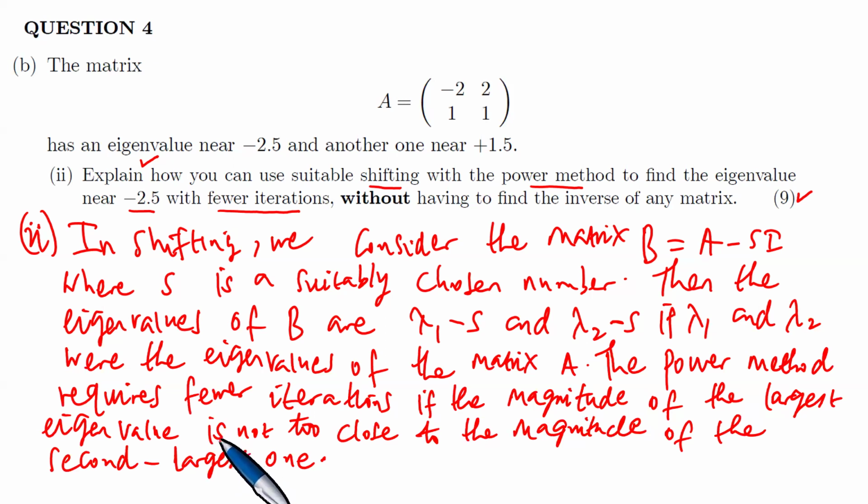So in shifting, we consider the matrix B, because we just want to discuss the method of shifting, but it is an explanation that is worth 9 marks.